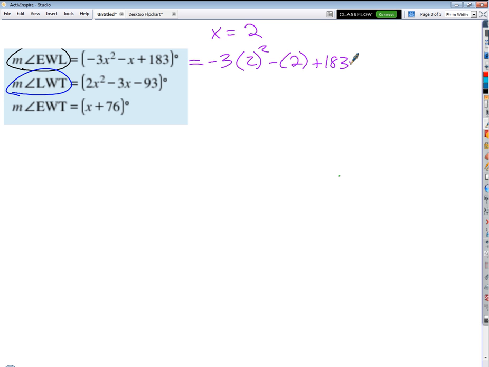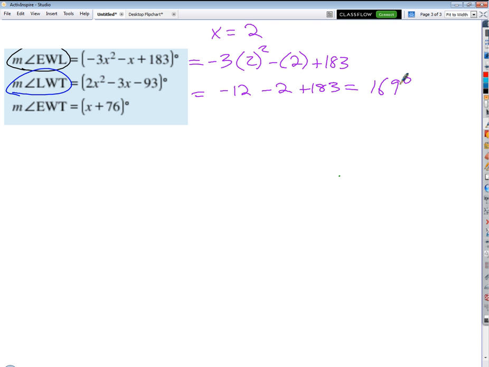What's 2 squared? 4. So I'm going to get negative 3 times 4, which is negative 12, minus 2 plus 183. So what's that going to be? 169 degrees.